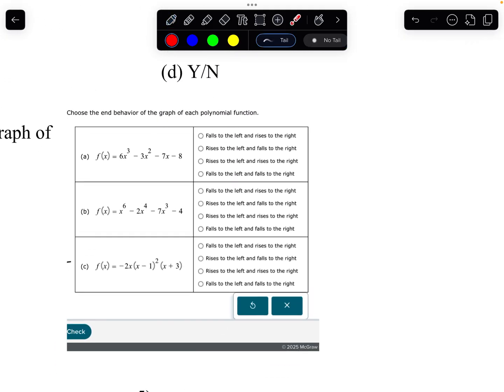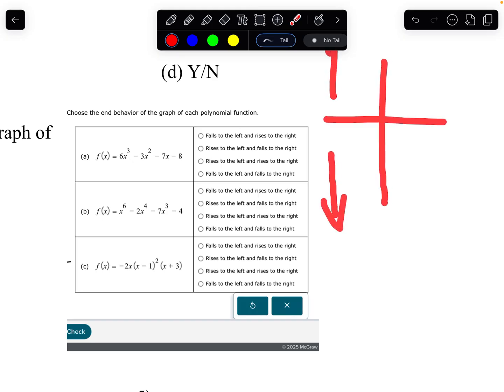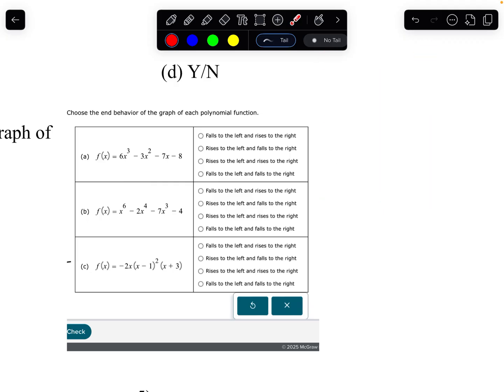Whenever you have a polynomial graph, it can fall on the left, or it can go up on the left, it can go up on the right, or it can go down on the right. It all depends on the leading coefficient and the degree.